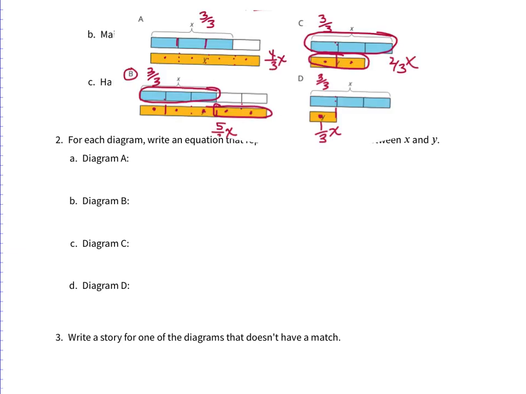So for diagram A, that's the one up on the top here, top left, we will write our y is equal to, and again, we've already done this, it's this, 4/3 of what the x is, okay? So just throw that y equals in there, and we are good to go. It says, write a story for one of the diagrams that doesn't have a match. So use Mai or Han or Priya or your own self. Somebody did something and added to it or subtracted from it, right? Just a quick little 1 or 2 sentence story.